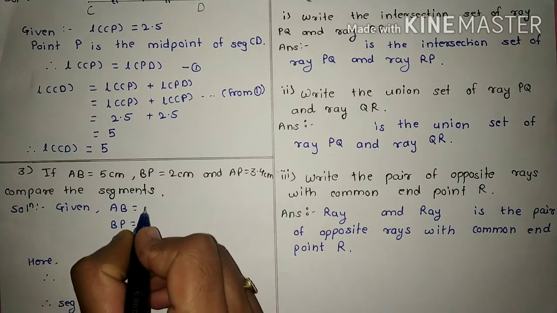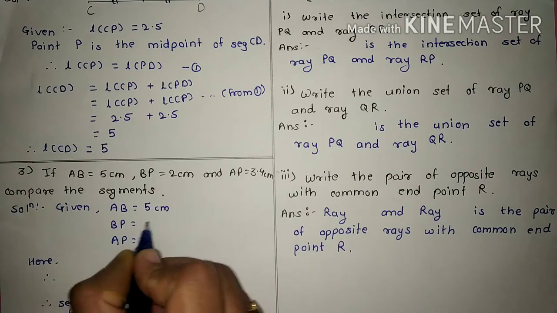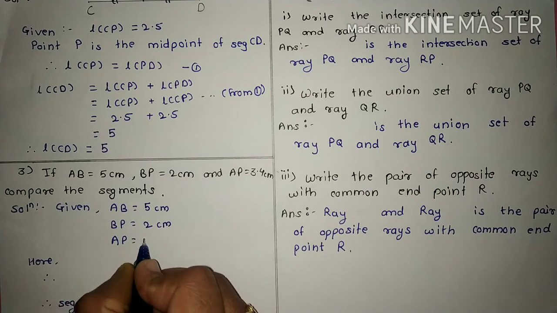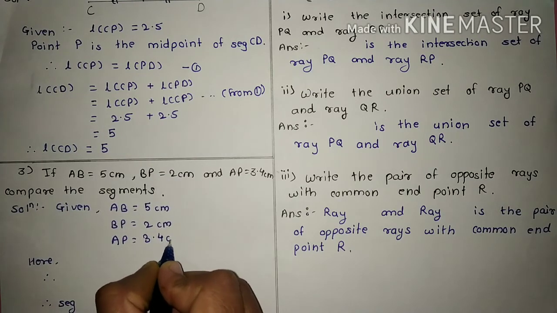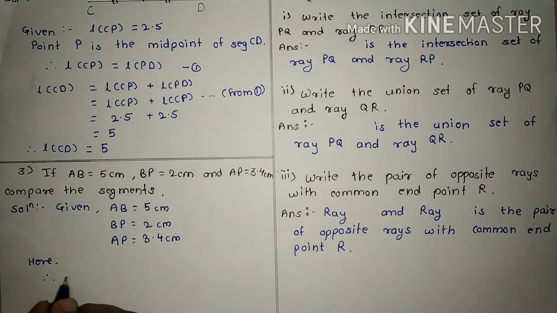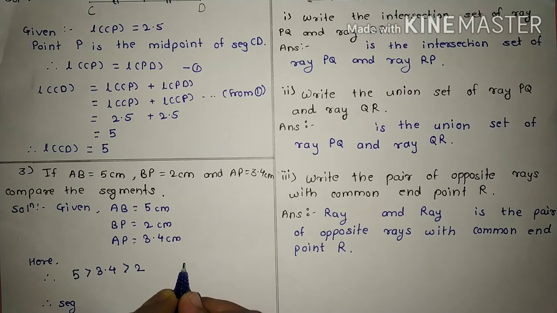AB equal to 5 cm, BP equal to 2 cm, AP equal to 3.4 cm. Here 5 is greater than 3.4 and 3.4 is greater than 2.